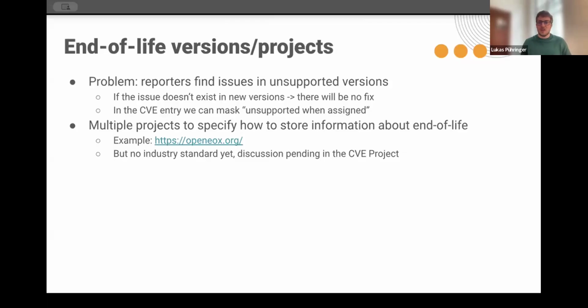If it doesn't, it's usually not addressed. And the CVE entry has a possibility to tag it as unsupported when assigned. But there is still an ongoing discussion about how to store this information about end of life or end of support versions or projects. One ongoing effort is the OpenEOX project that has some discussion and materials under the URL on this slide.